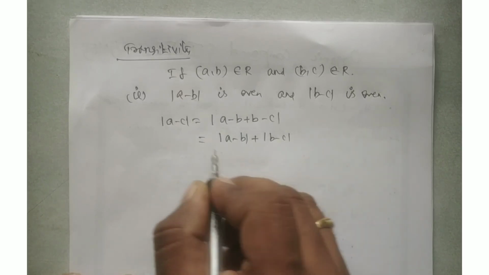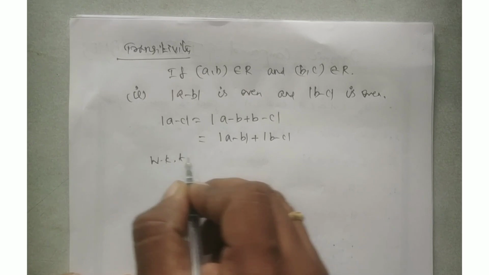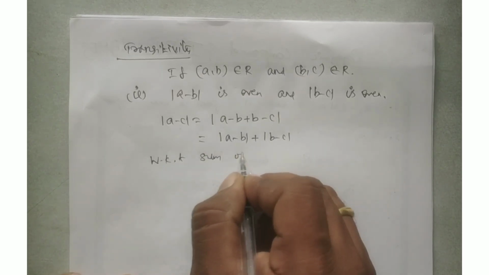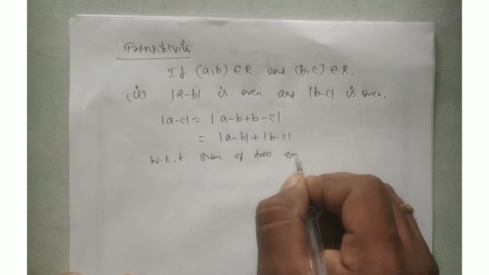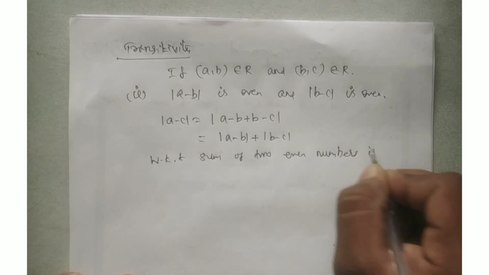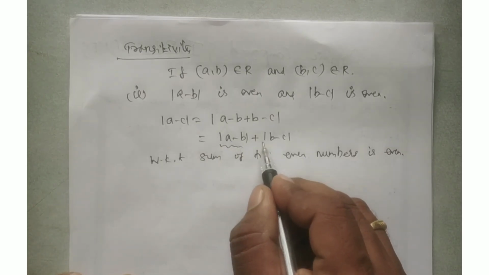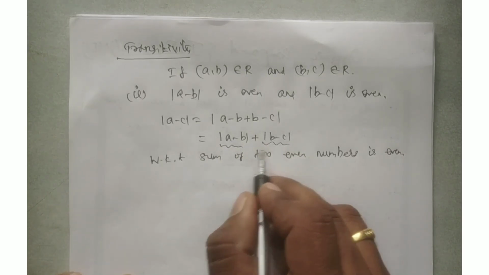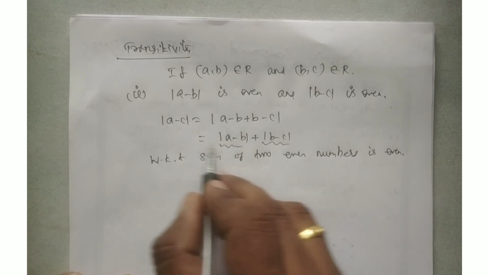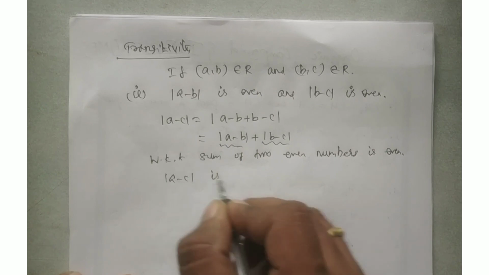We know that the sum of two even numbers is even. So A minus B is even, B minus C is even, and the sum of the two numbers is also even. So I can say that modulus of A minus C is even.